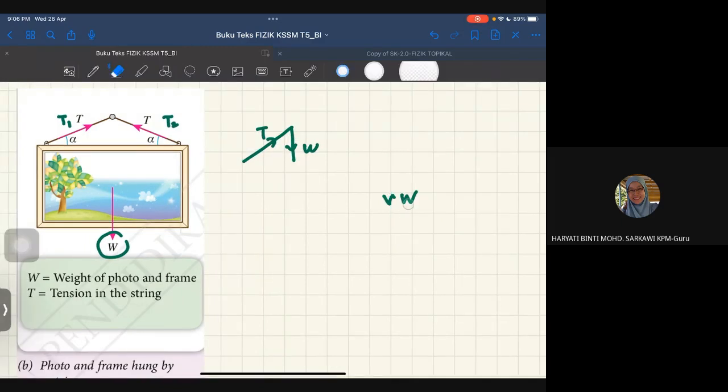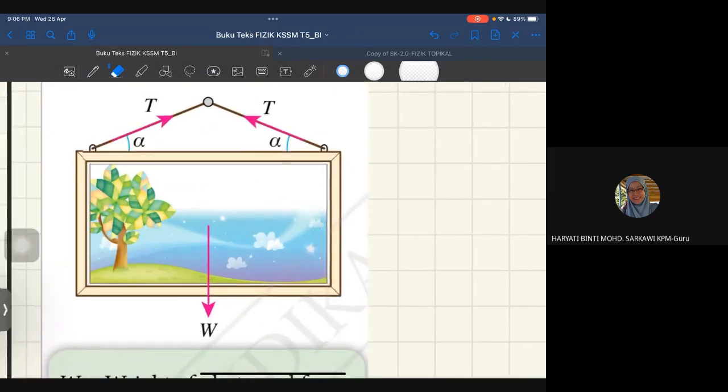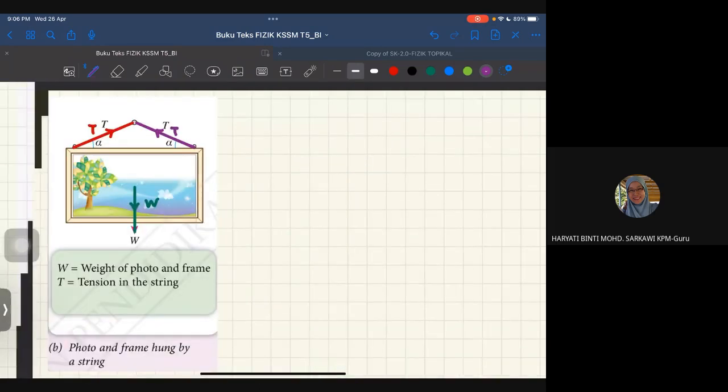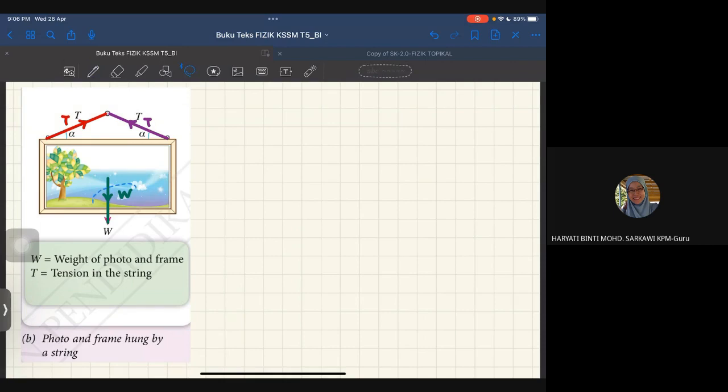Sekejap. Change the color first. Alright, so W, okay, so this is W, and then T, and then another T. Okay, so cikgu just copy this.